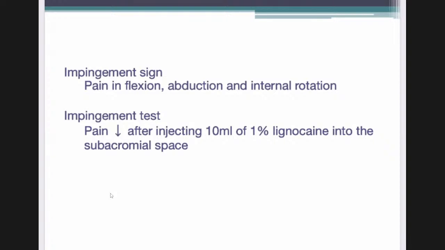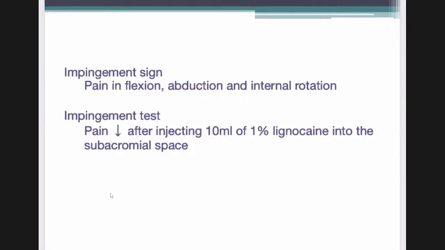So basically, what we understand is that the tendon is involved here. If there is a rotator cuff tendinitis and you put 10 ml of 1% xylocaine into the subacromial space, the patient's pain will decrease. So we say that the impingement test is positive.